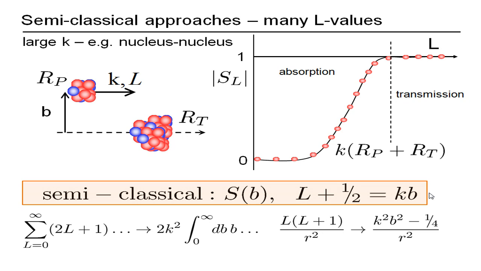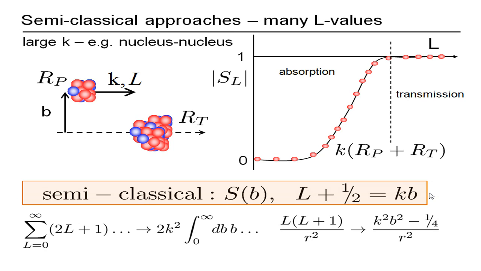But the idea is, if you're at high energy, this is the nature of this S matrix element, its modulus. For some partial waves, up to a value such that we hit the radius where the two surfaces of the nuclei just graze each other, there will be absorptive events due to the imaginary part of the potential, and the modulus of the S matrix element is typically small.